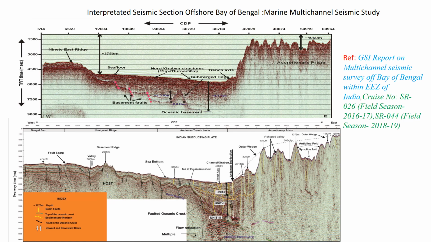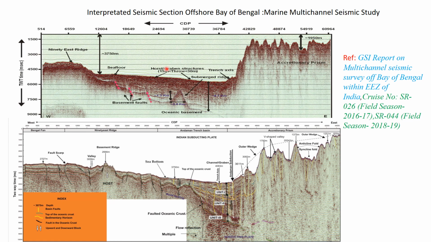As part of a field example of onboard acquisition, here are two sections from the GSI report on a multichannel seismic survey acquired in the Bay of Bengal. One is cruise 26 and one is field season 44. These are practical seismic sections demonstrating some geological parameters of the 90 East Ridge, 90-degree longitude.